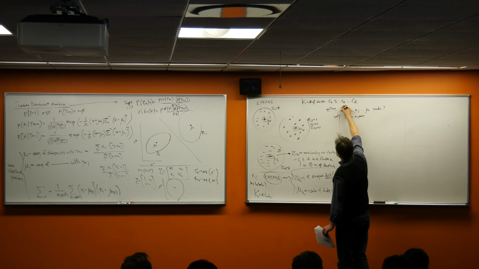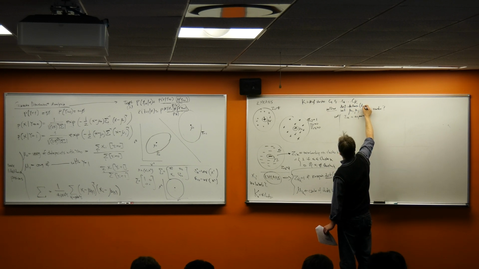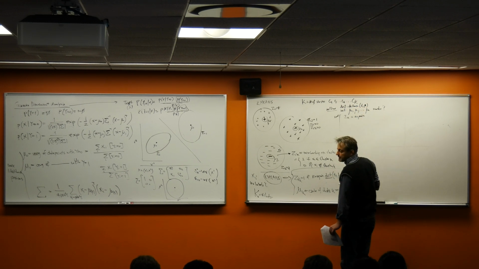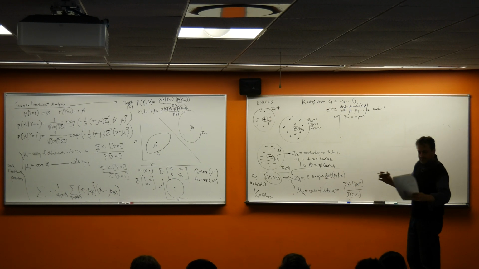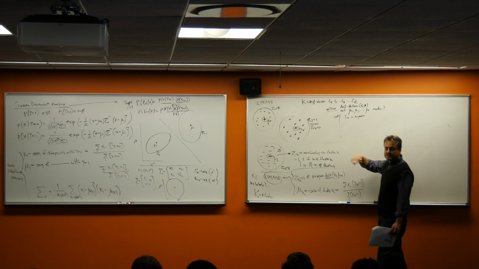Maybe I should also design a function, right? What is the distance? I have to figure out what distance I want between any point and the centroid. Maybe I use Euclidean distance, maybe some other distance. But that's fixed. I can compute those distances in advance. I mean, I can't compute in advance because the mu's are moving. Sometimes they're not moving really, so there's a way to cache these things, but that's an engineering detail for now.